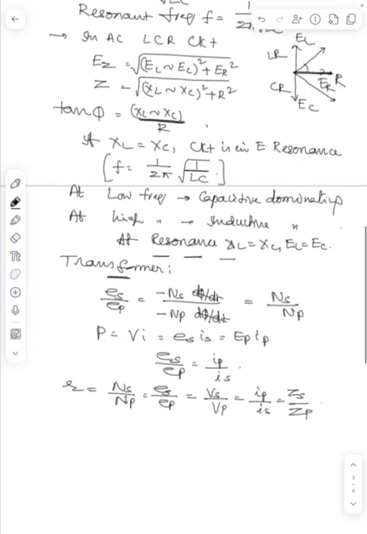This is called the transformer ratio. R is greater than 1 for a step-up transformer and less than 1 for a step-down transformer.